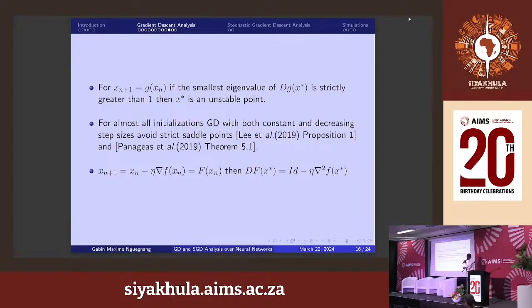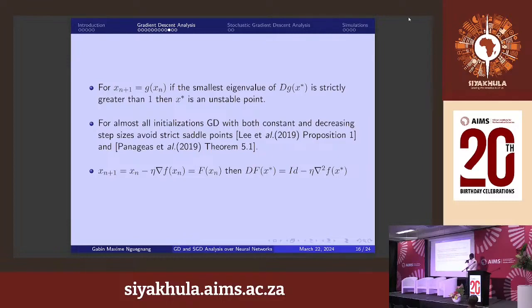So when you observe gradient descent that way, the Jacobian is given by an identity matrix minus the step size times the Hessian. At a strict saddle point, the Hessian has at least one negative eigenvalue.